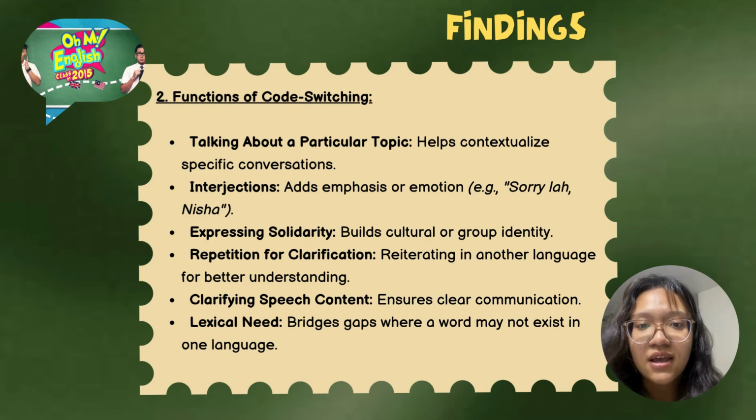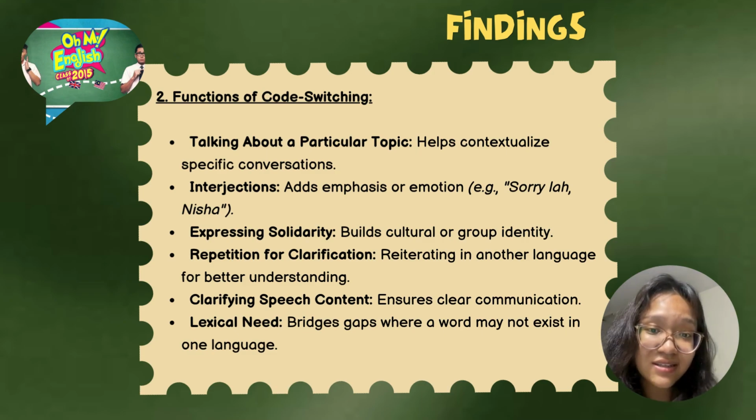So of course, language isn't going to be the same across every variety. For example, there are words in Malay that don't exist in English and words in English that don't exist in Malay.